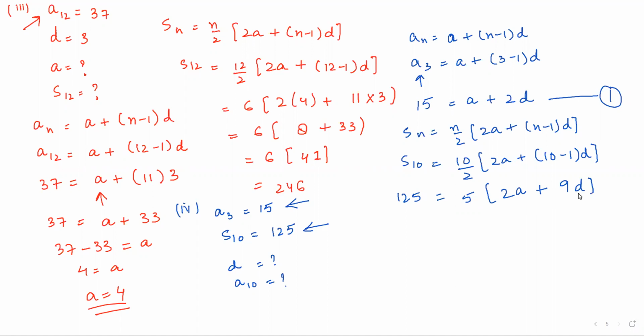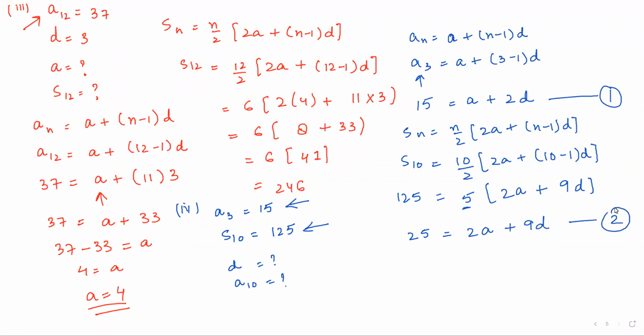Now you can bring this 5 in the denominator. So 125 divided by 5, how much? 5 into 2 is 10, then 25. So 25 is equal to 2a plus 9d. Again, this is an equation. You don't know a, you don't know d, mark it 2.